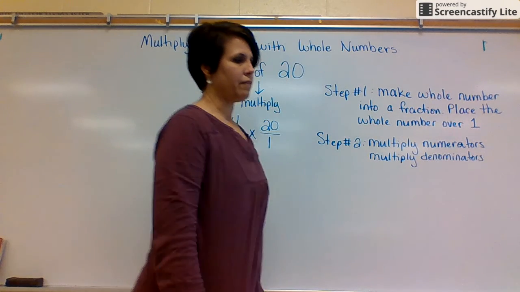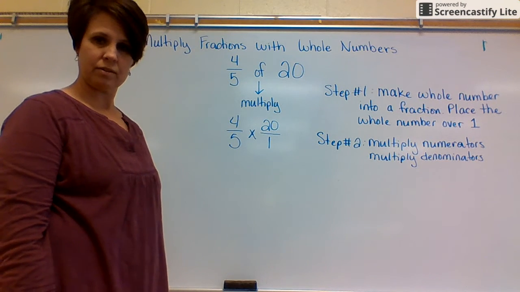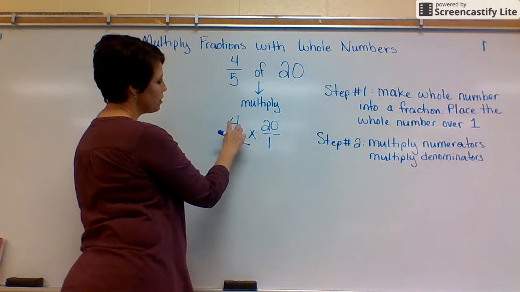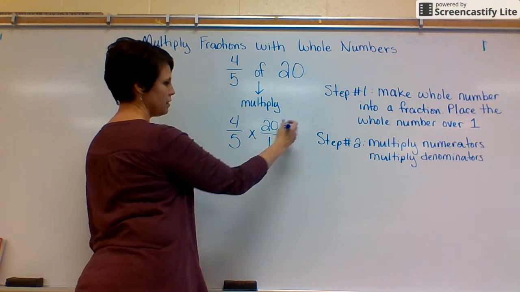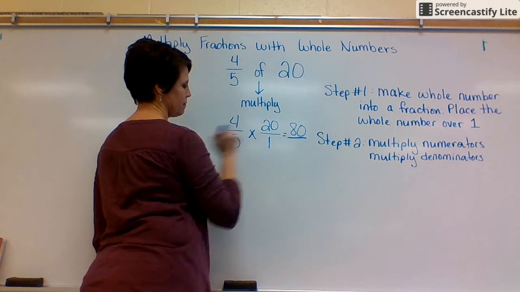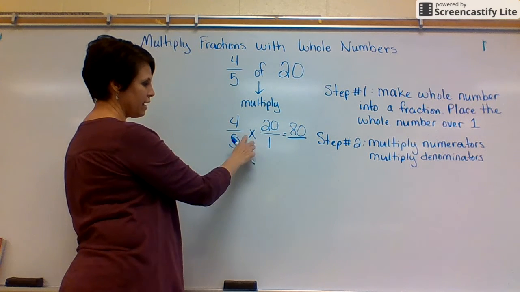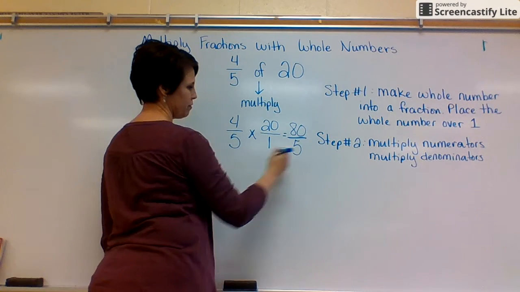The numerators, so 4 times 20 is 80. And 5 times 1, that's my denominators, is 5.